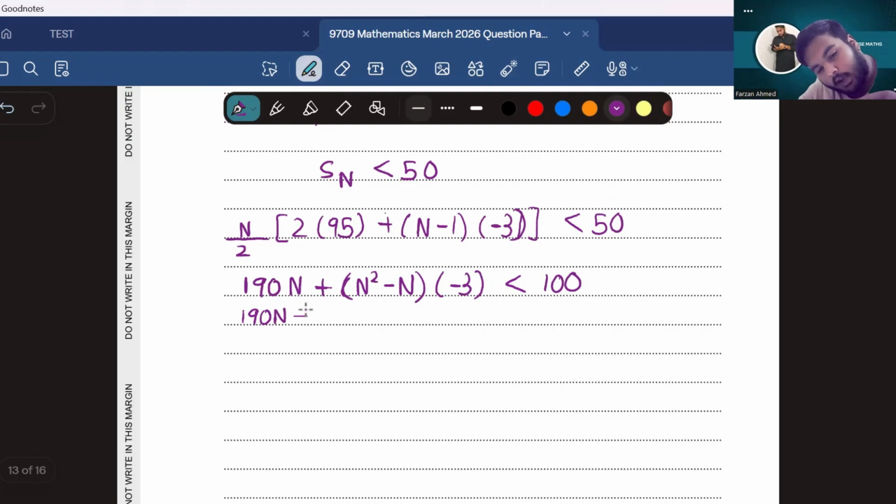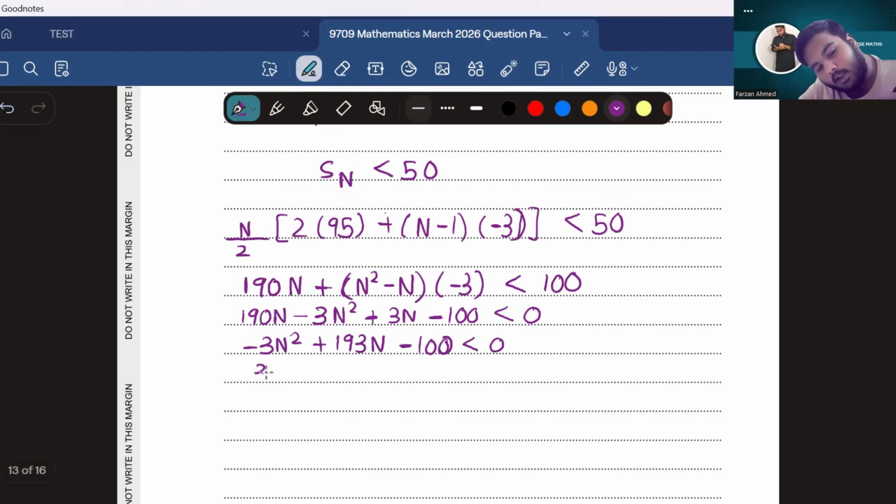Now this will be 190 n plus minus 3 n square plus 3 n minus 100 is less than 0. So this will be minus 3 n square plus 193 n minus 100 is less than 0.